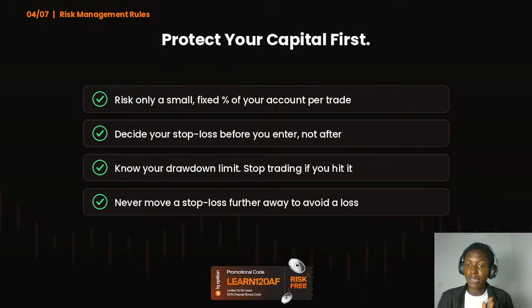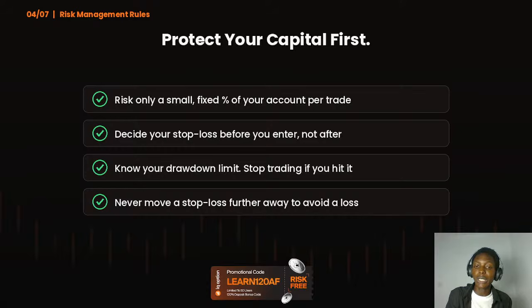Of course, it takes real discipline to follow these rules every single time you enter a trade, or anytime you're in the market, especially once emotions get involved. So it is very important to have the self-discipline to stop when you have to stop, when you hit your target, or even when you hit your stop loss or your drawdown.